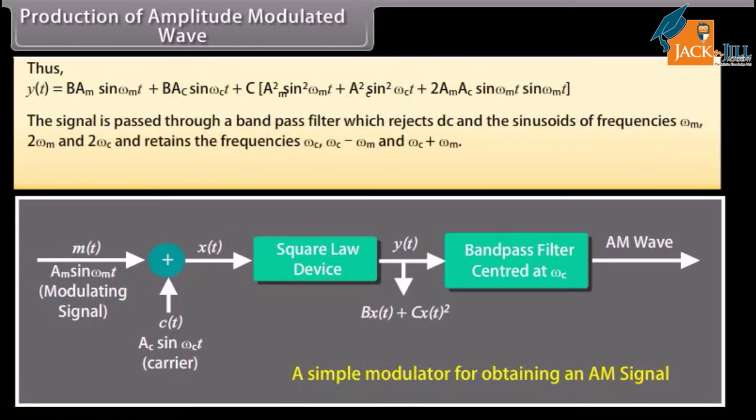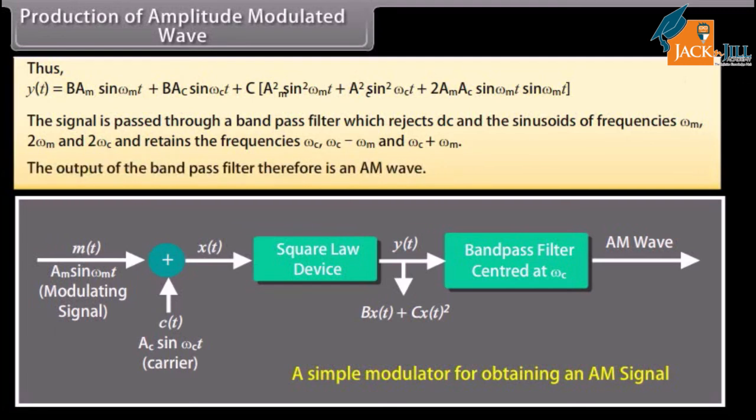The signal is passed through a band-pass filter which rejects DC and the sinusoids of frequencies ωm, 2ωm and 2ωc, and retains the frequencies ωc minus ωm and ωc plus ωm.